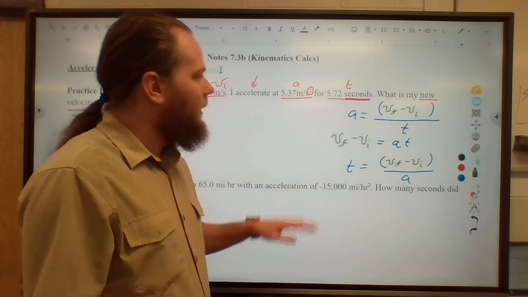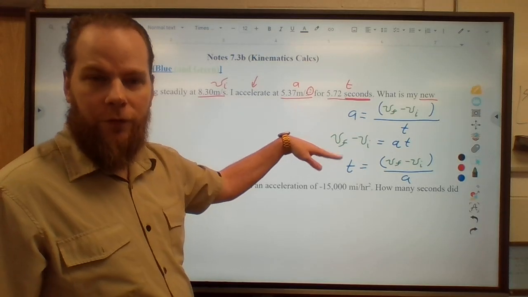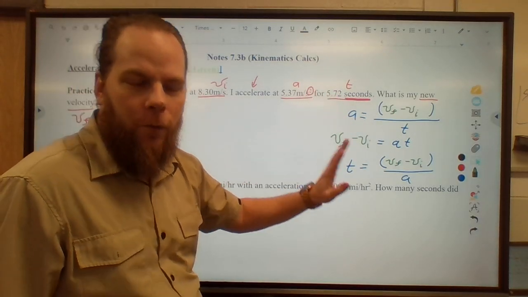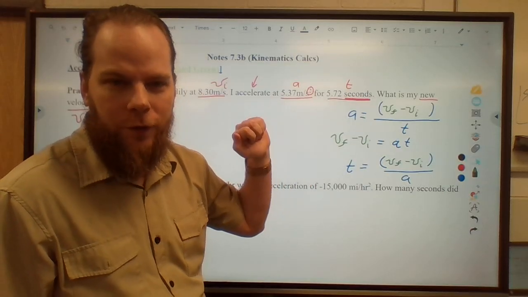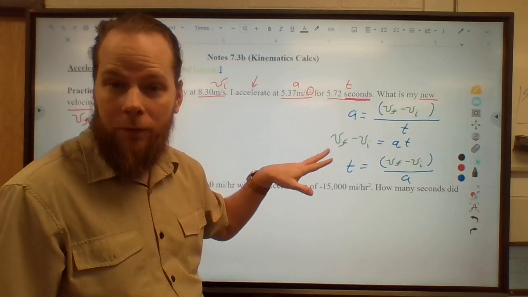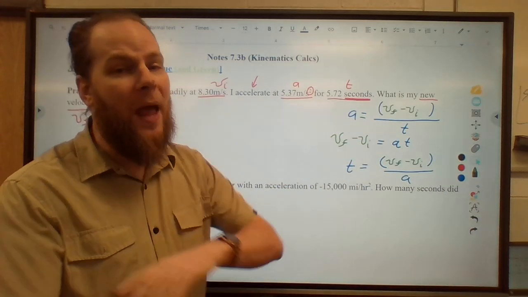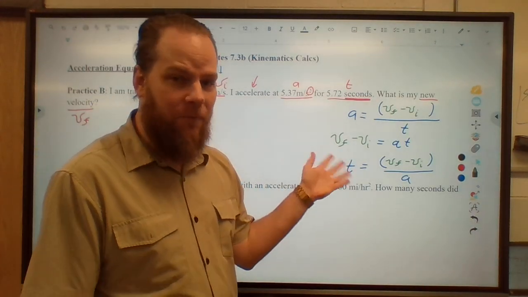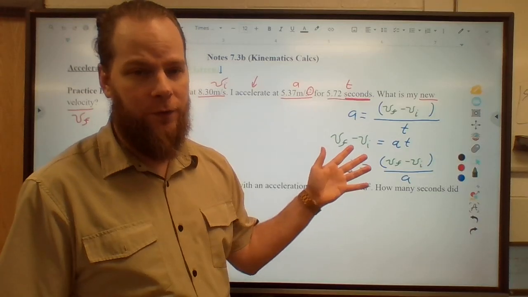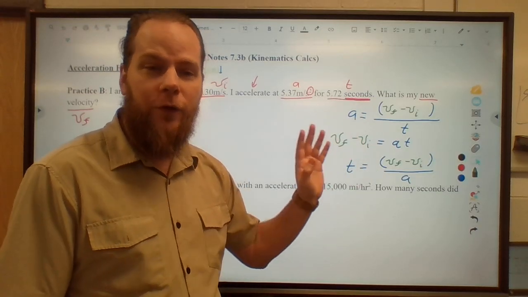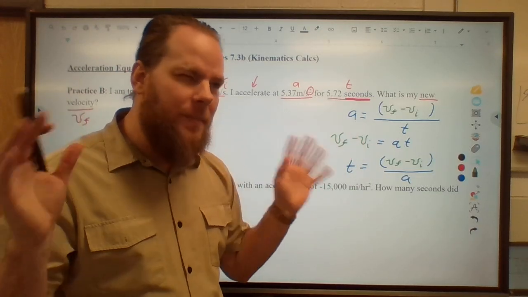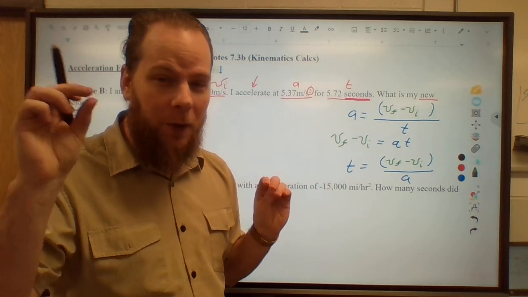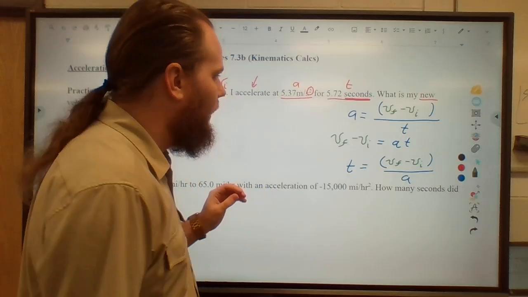So these are our three versions of our acceleration equation. The first and obvious issue is none of these are solved for Vf. This is going to be a problem every time you are finding a velocity. The reality is there are about 5 or 6 different versions of this equation, and we're not going to give them all to you. There is going to be some minimal requirement from you to do a little bit of equation manipulation here.